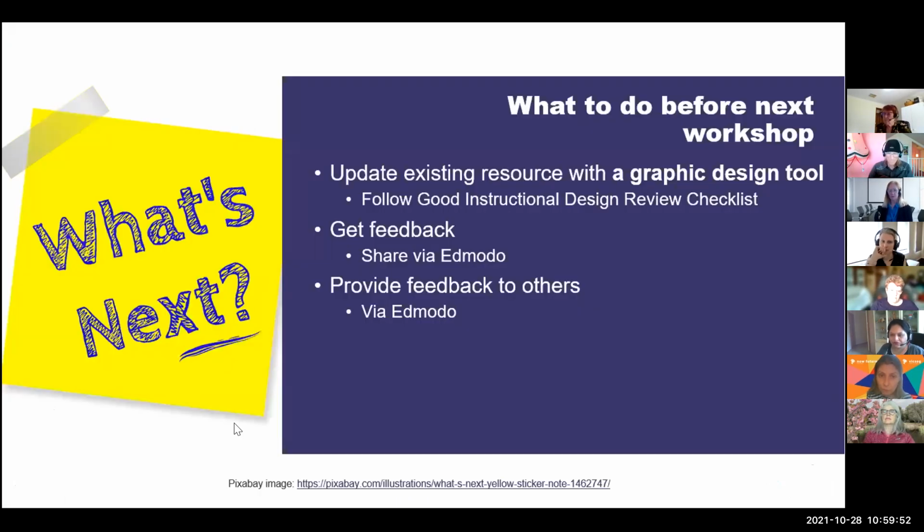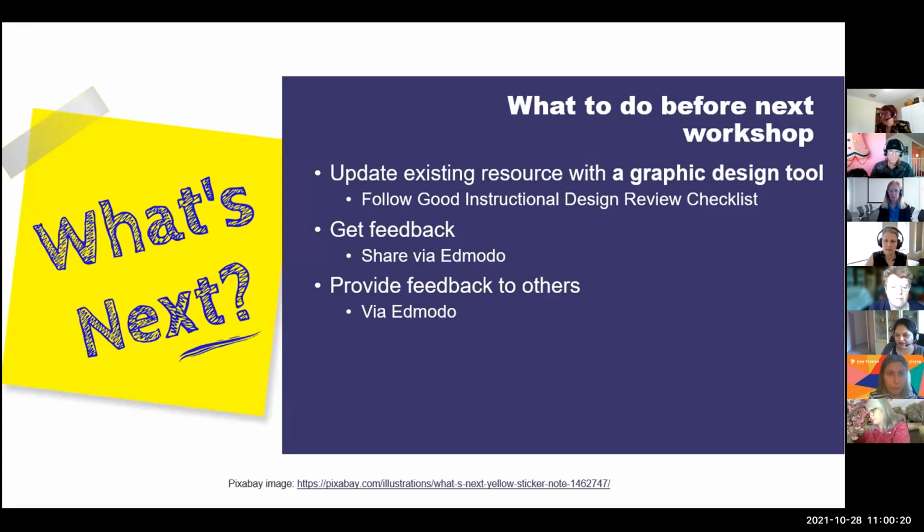So let's wrap up because we're nearly on time. I think I've probably got 25 seconds for us to be on time. What we'd like you to do is find either one of your own existing employability skill resources, or somebody else's, that you are either going to recreate or make use of, or the theme of it, using a graphic design tool. We've named a few.